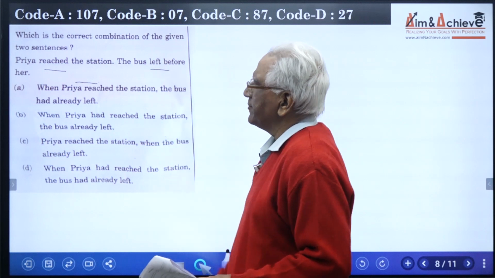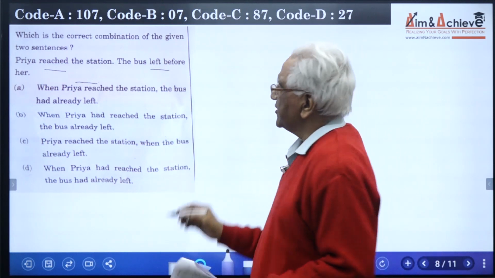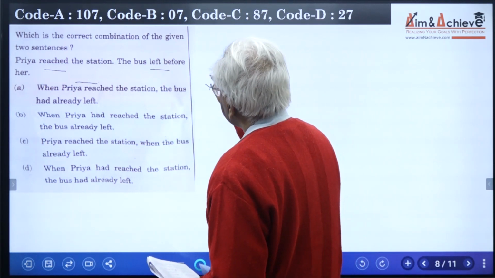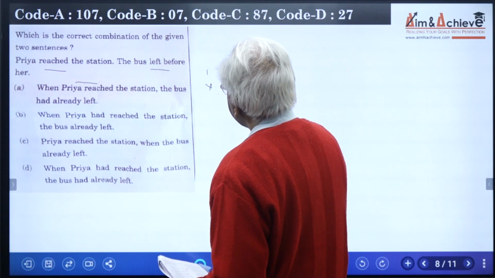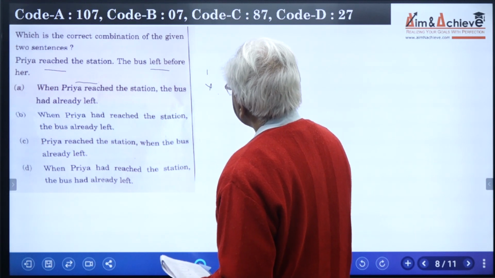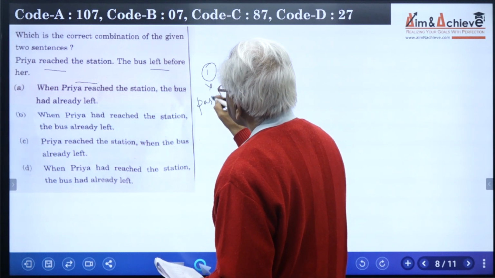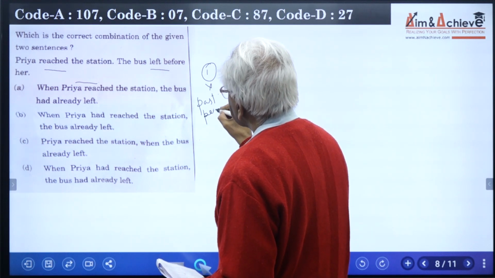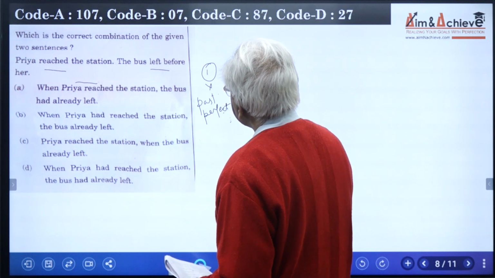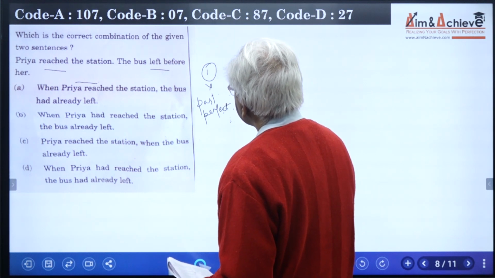When there are two actions taking place in the past, and the first action takes place first and the second action takes place later, for the first action we use past perfect, and for the second one we use simple past.